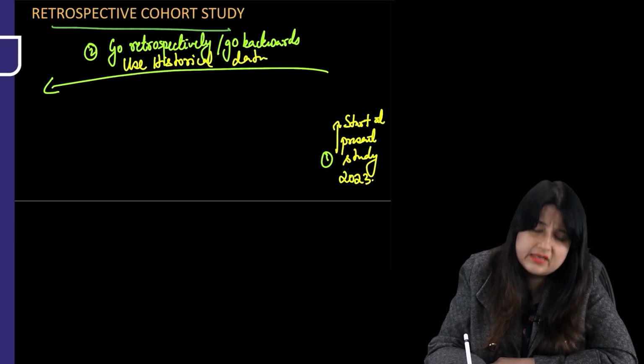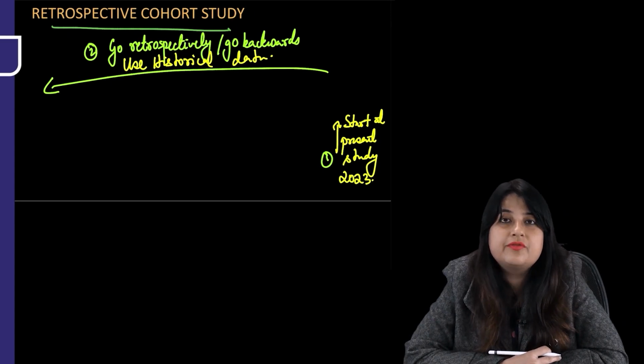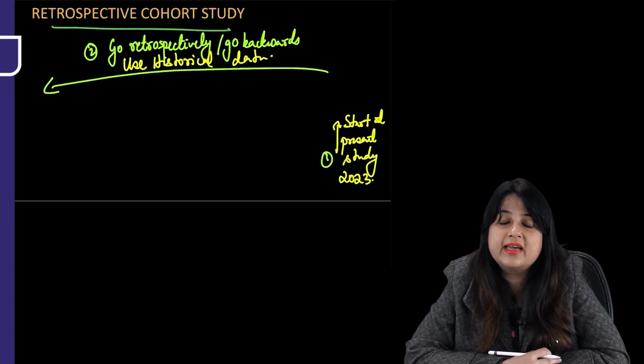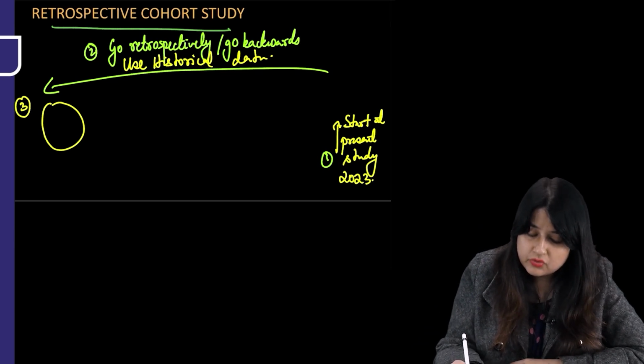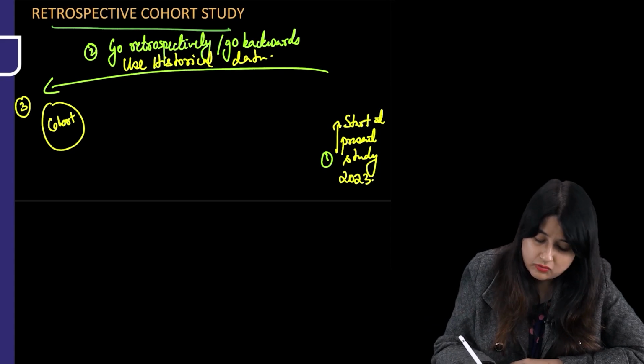What is this historical data? It means already collected data. That means you've come across an old college register of a medical college. On the basis of that college register, your step 3 is you use historical data and divide the cohort.